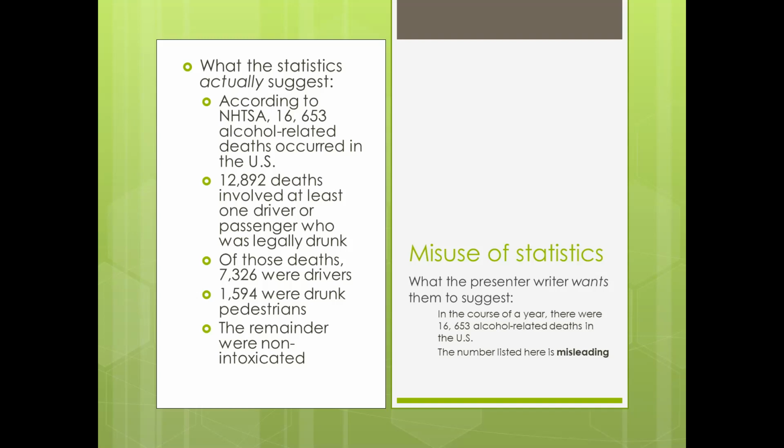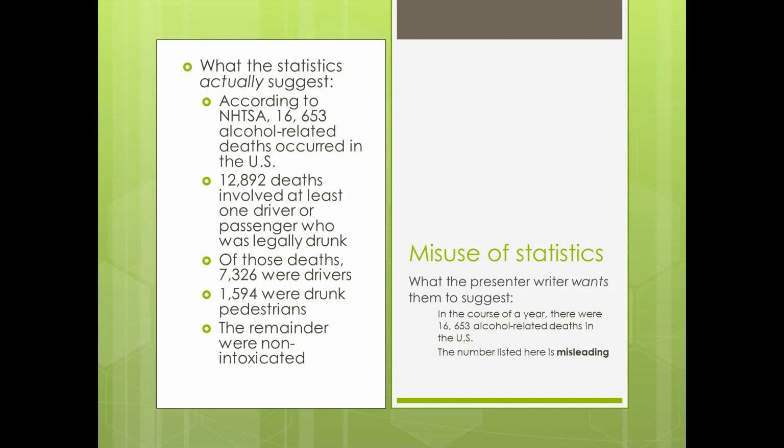But if you misuse those statistics, you could suggest that in the course of a single year, there were 16,653 alcohol-related deaths in the U.S. But the number is very misleading.